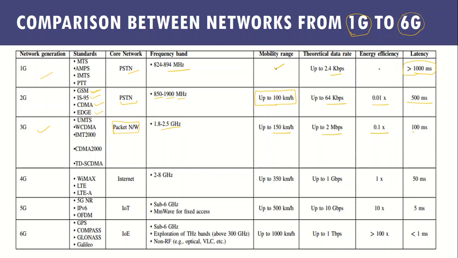In 4G, WiMAX, Worldwide Interoperability for Microwave Access, or mobile access communication system, is used for long distance communication, along with LTE, Long Term Evolution, and LTE-Advanced. In 4G every application can connect with the internet, and the core network was the internet. The frequency band used in 4G is 2 to 8 gigahertz, and the mobility range improved up to 350 km per hour.